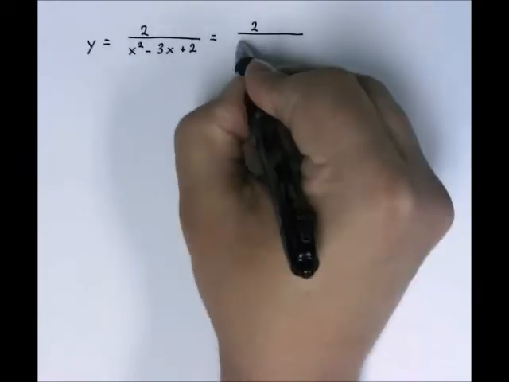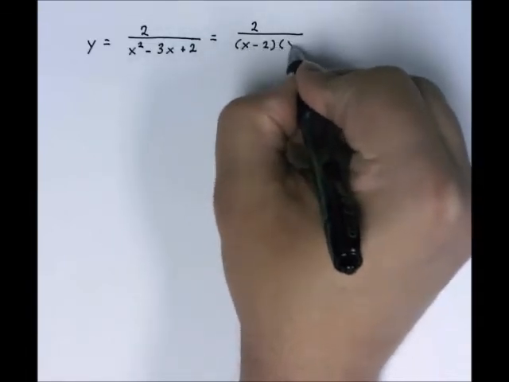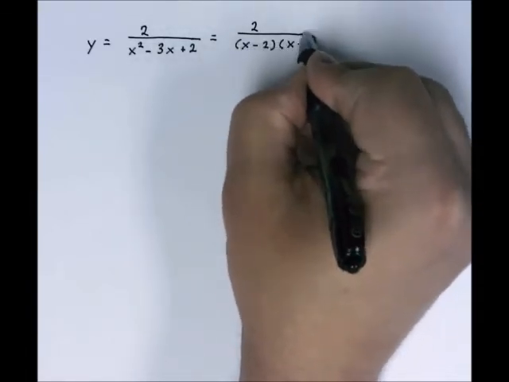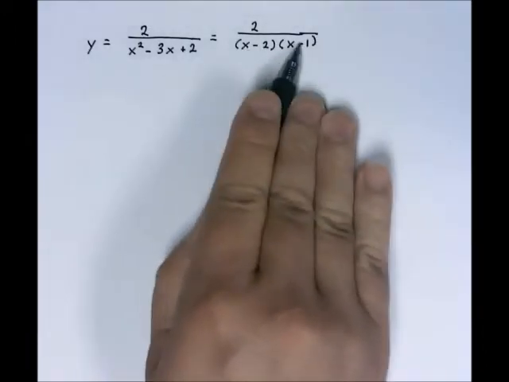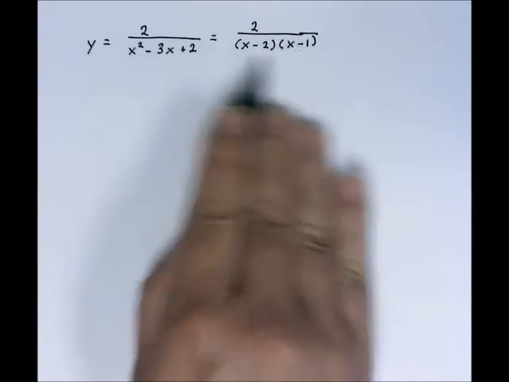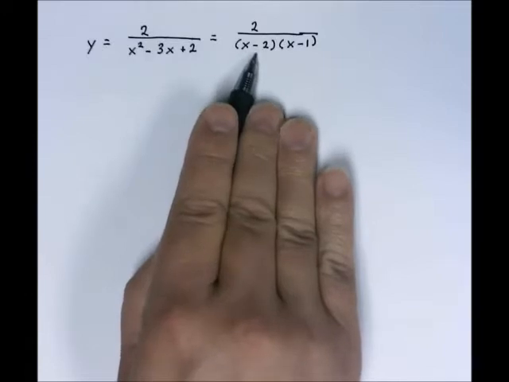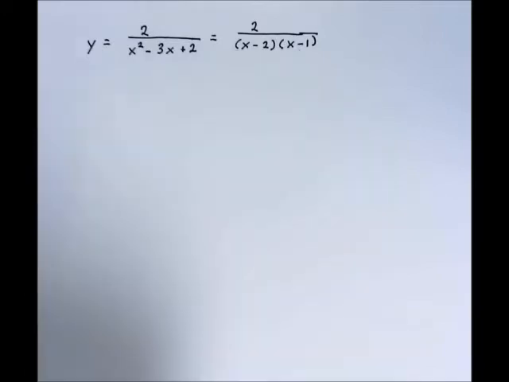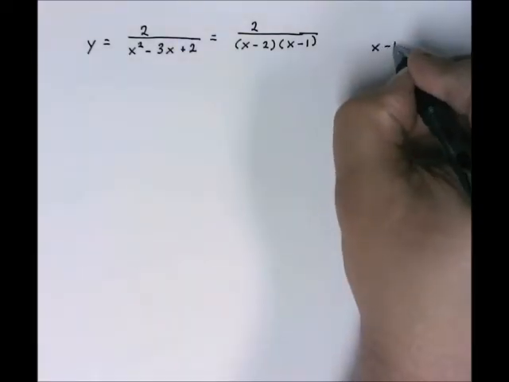And fortunately for us, this factors nicely. And then I'm going to set each of these factors equal to 0 individually, because if this factor is 0, it doesn't matter what this one is, the entire denominator is 0. And likewise for this one, if this one is 0, it doesn't matter what this one is, the entire denominator is 0. So let's just look at x minus 1 and see where that's 0.